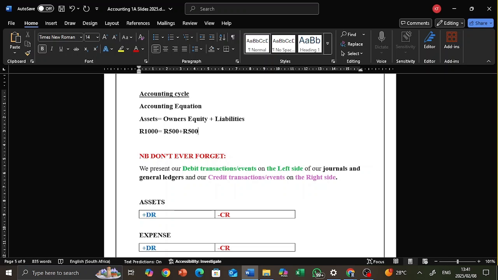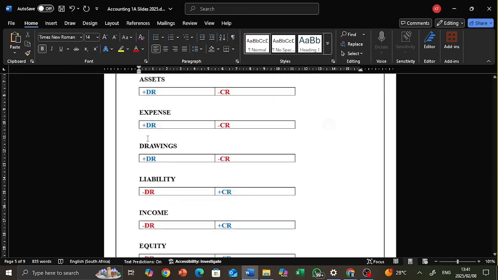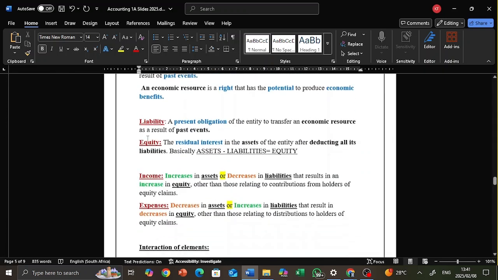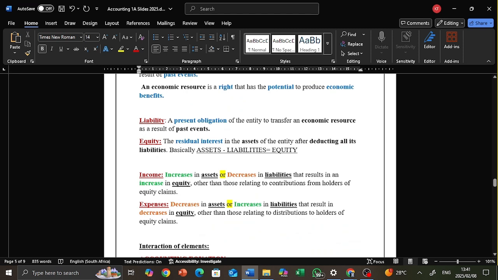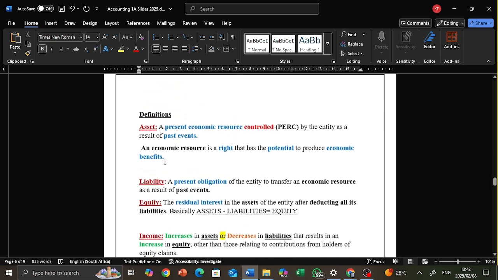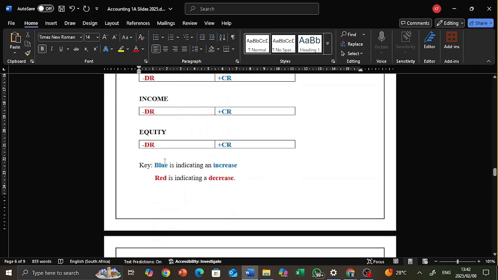In a nutshell, your accounting equation is important. Okay? So now that I've made you realize what your equity is, I was saying to you that for us to truly know that there was an income, our equity needs to increase. Okay? Now, how do we know our equity increased?